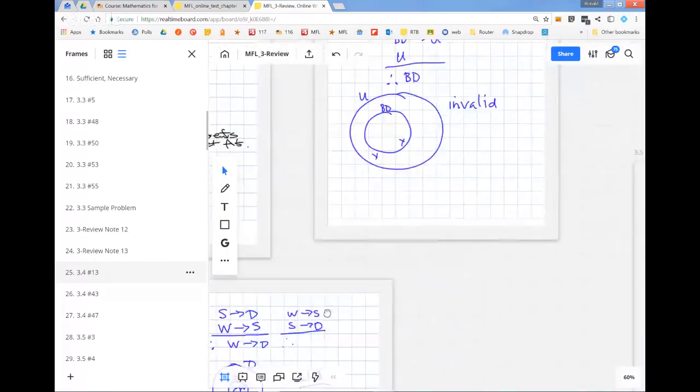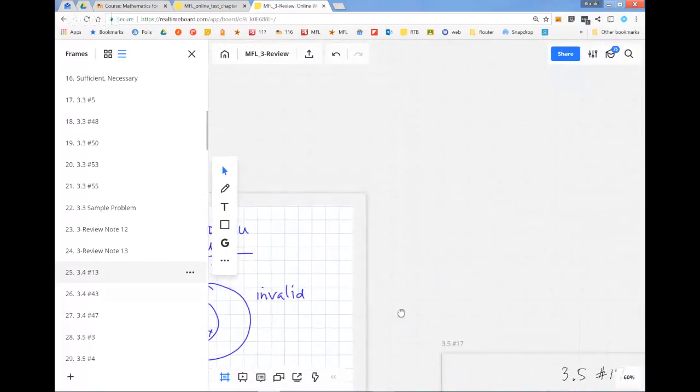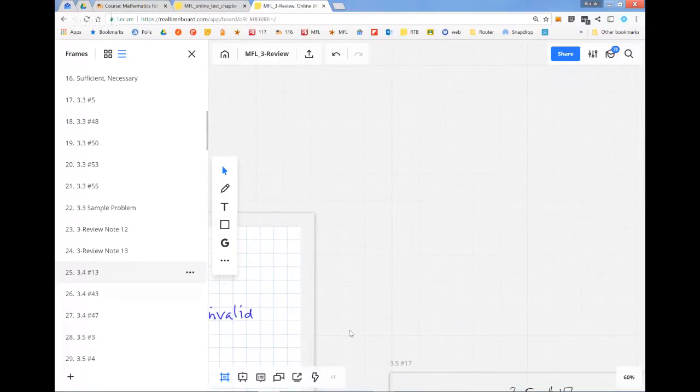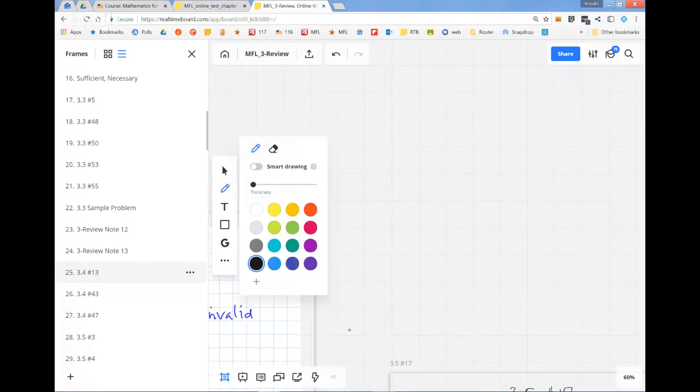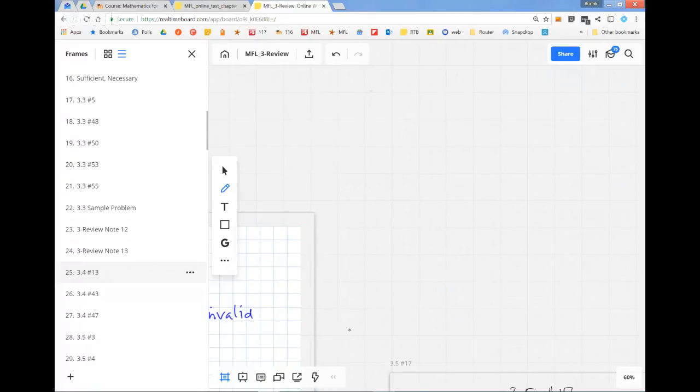Okay, here we go. 3.4, number 45. Show by means of a truth table that the statement.